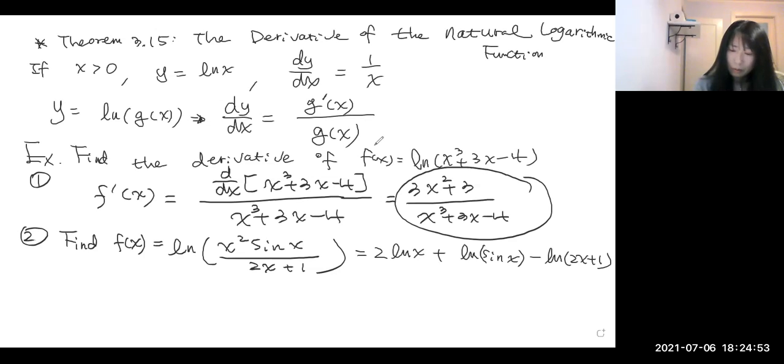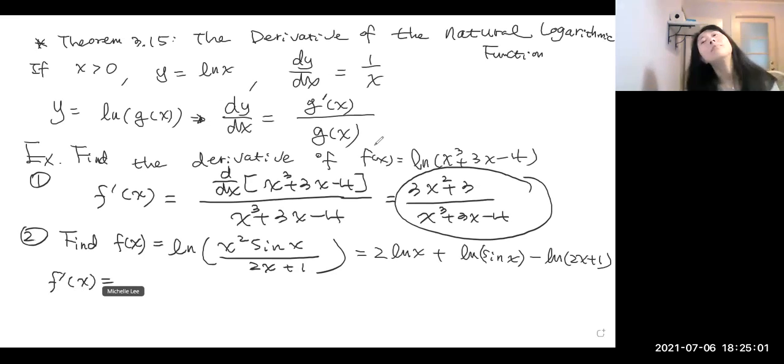Now, in this case, we can do that, right? We're going to take the derivative. So first term, first. How do we do? We take the derivative of 2 ln x.